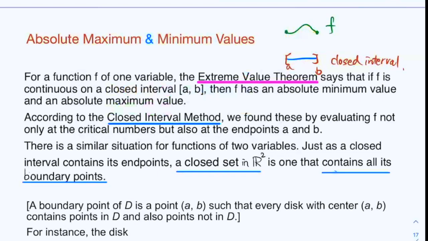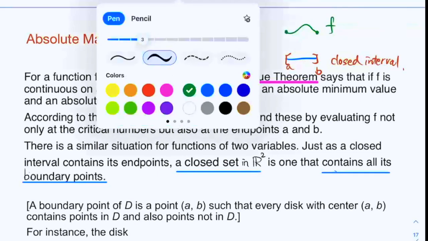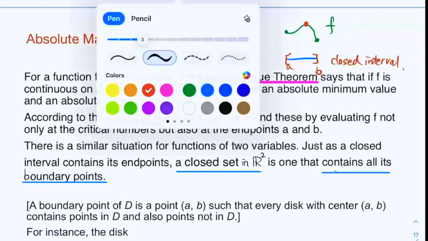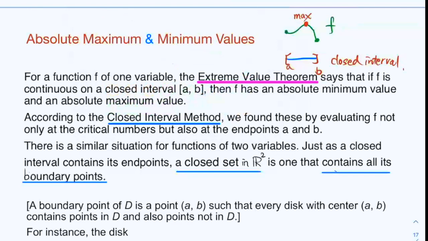Now, looking at this one here, you know that the maximum value occurs over here. I'm going to change this a little bit. So we actually get the maximum value here, and then we also get a minimum value over here.